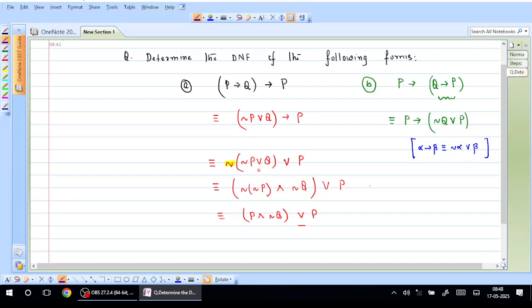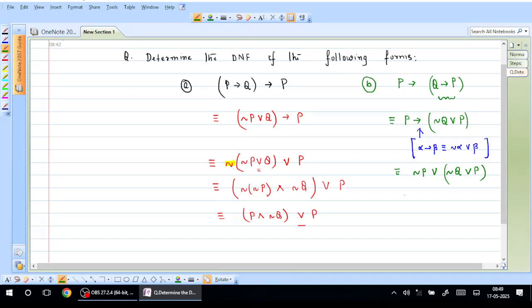I have used it here, and again I will go for conversion of this conditional. So again let us see what I am going to get. Here P is there, so negation of P, join the next statement, negation of Q join P. Negation of P join negation of Q join P. So now you can again go further and look what I am going to get.